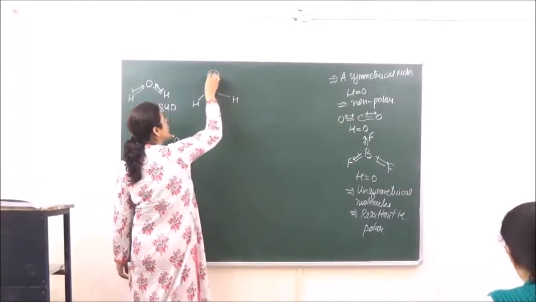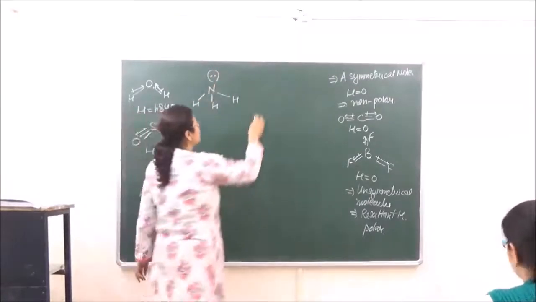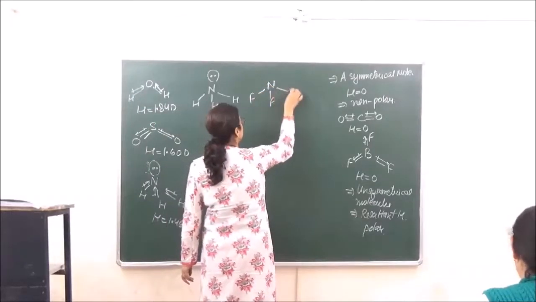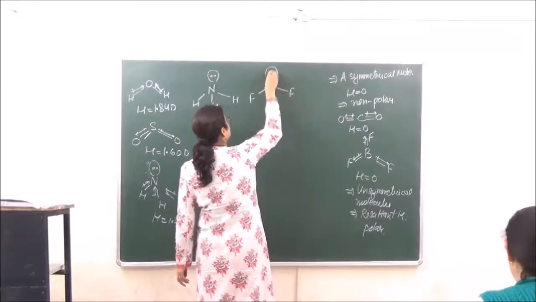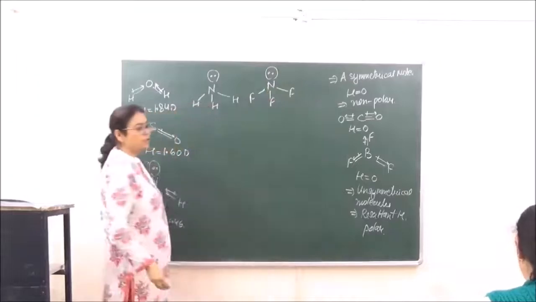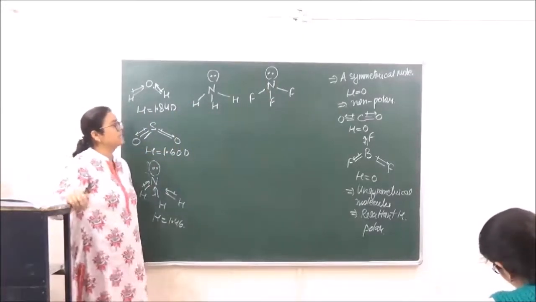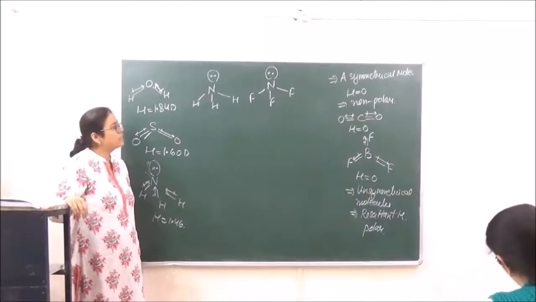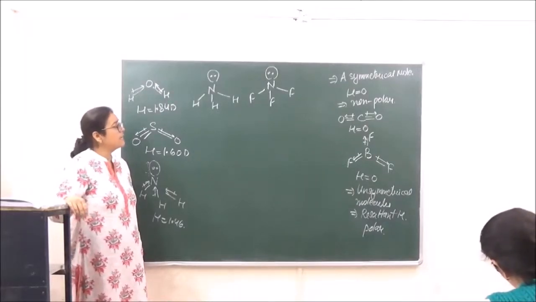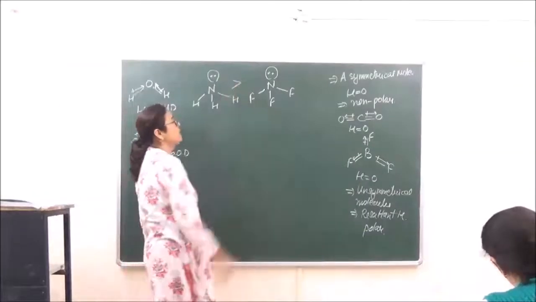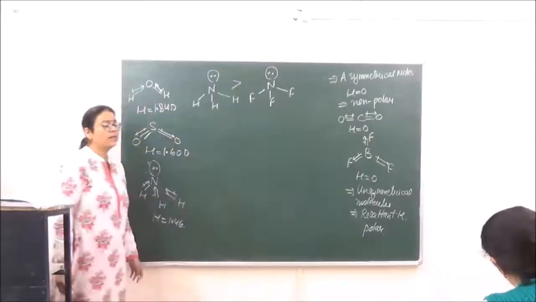A very good example which we can take over here is that of NH3 and NF3. This is the molecule of NH3 and this is the molecule of NF3. Okay. Now in both these cases we can see that fluorine is more electronegative than hydrogen, right? But still we say that the dipole moment of NH3 is greater than that of NF3.